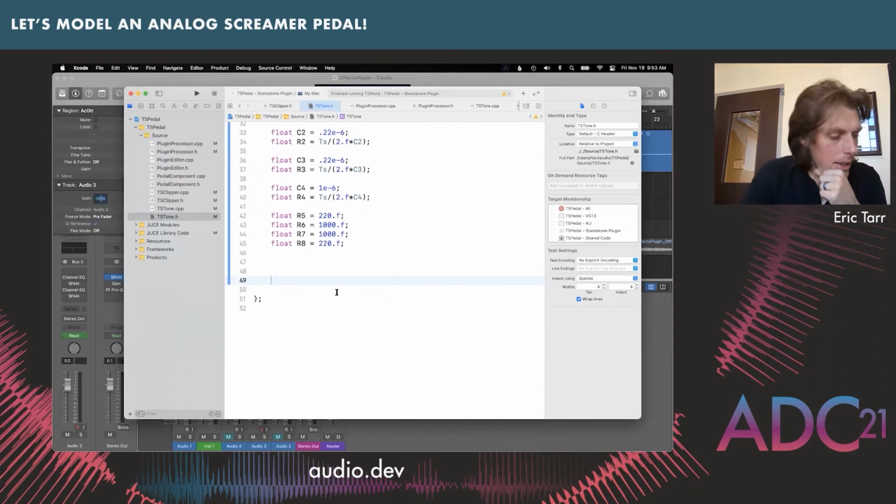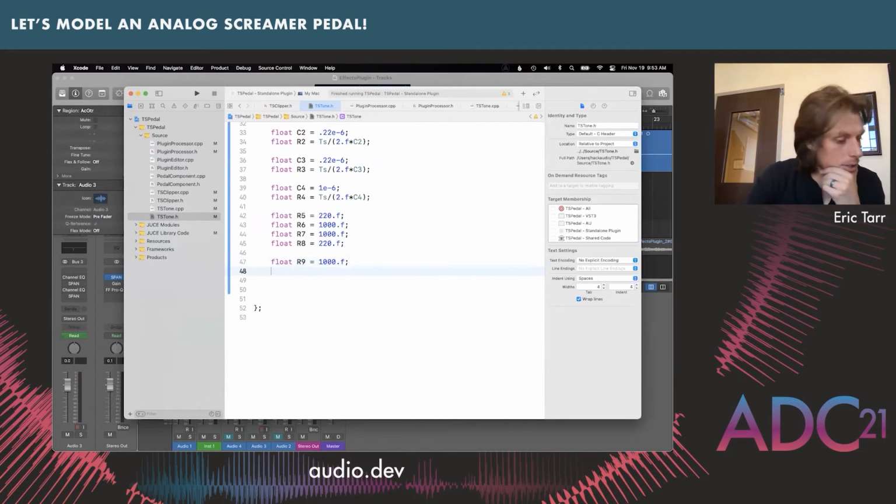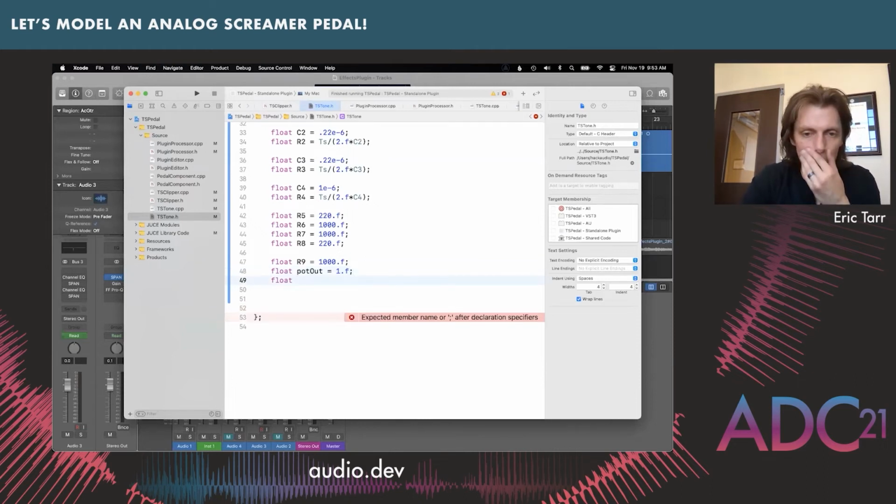Okay, now we have R9, 1,000. Now we get our potentiometers that we're going to use. Initially, I'm going to just have this potentiometer for our output, and we'll set it to a value of 1.